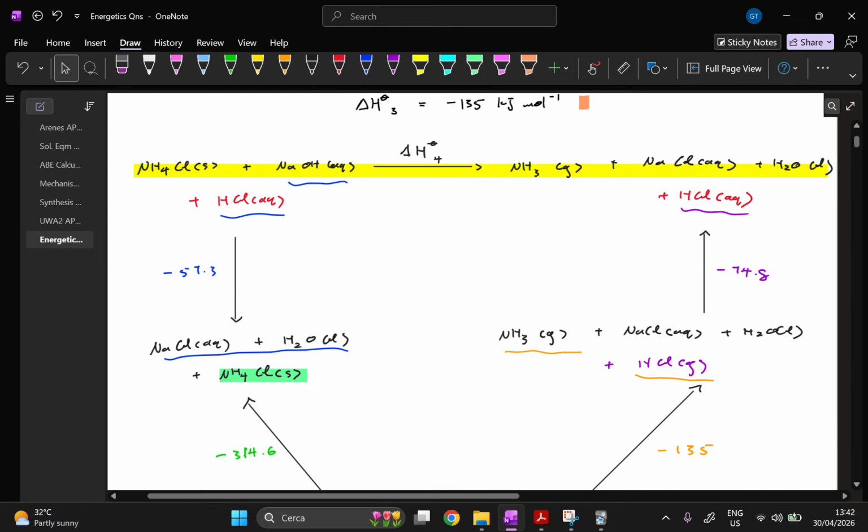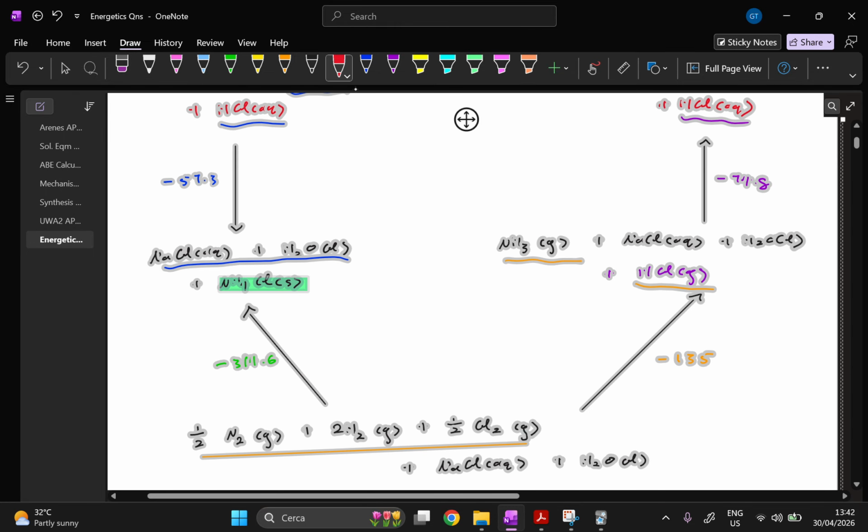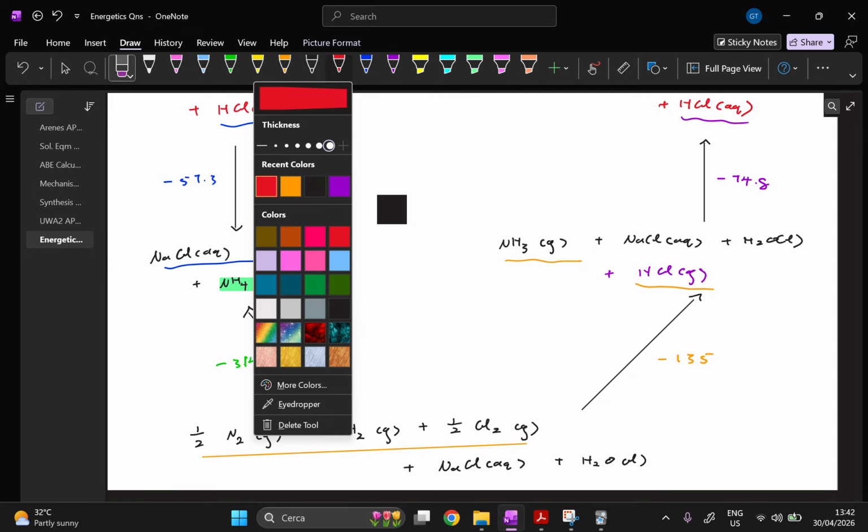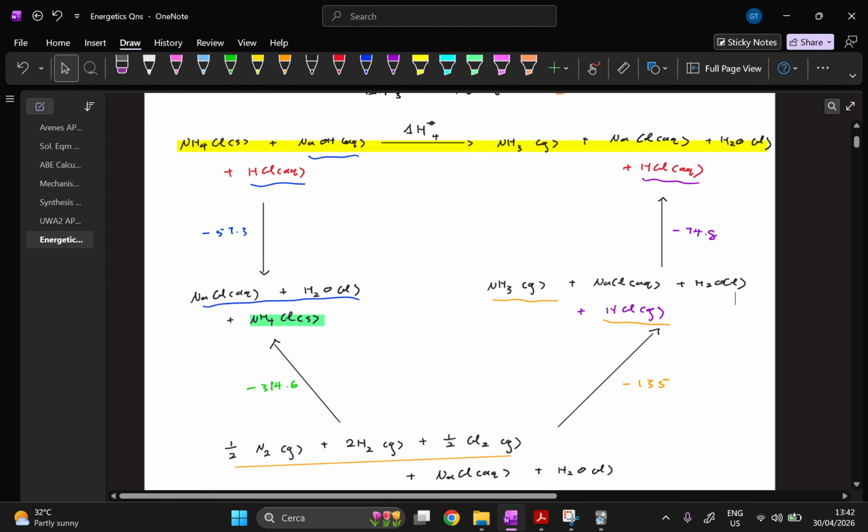So remember, the ultimate idea of a Hess cycle is that whether I go by this way or whether I go one big round around, my enthalpy change is the same.